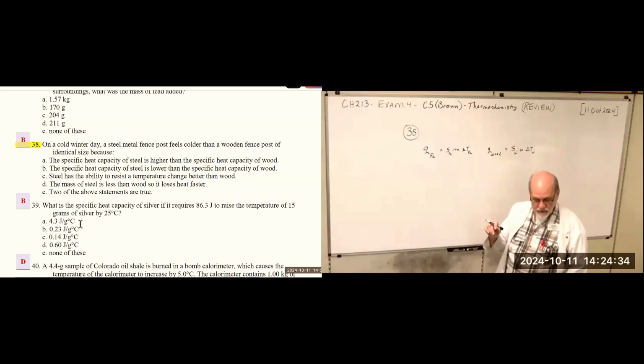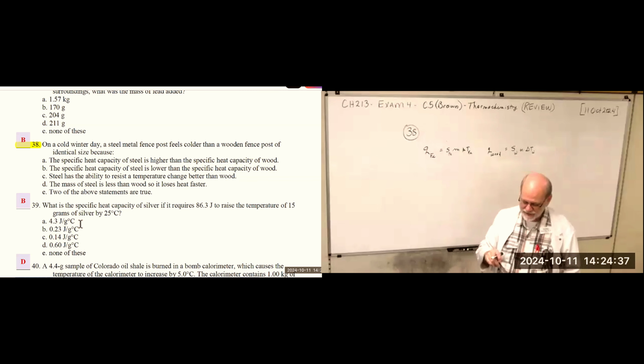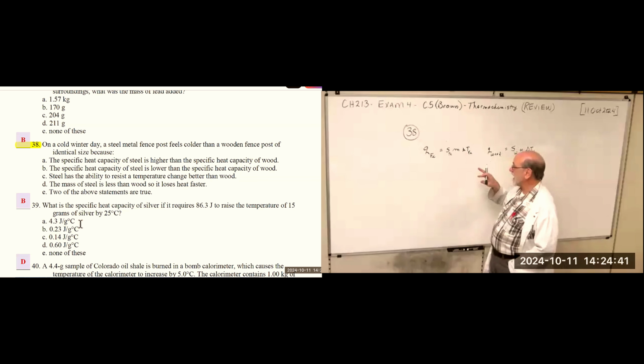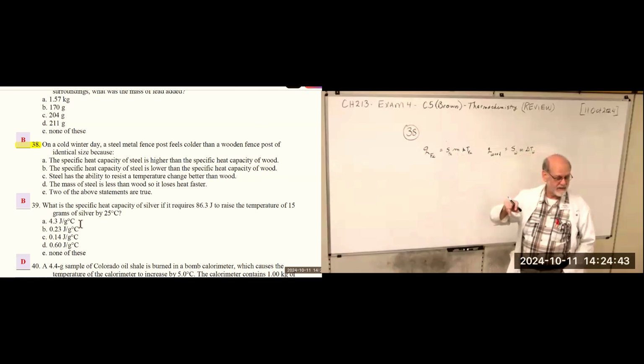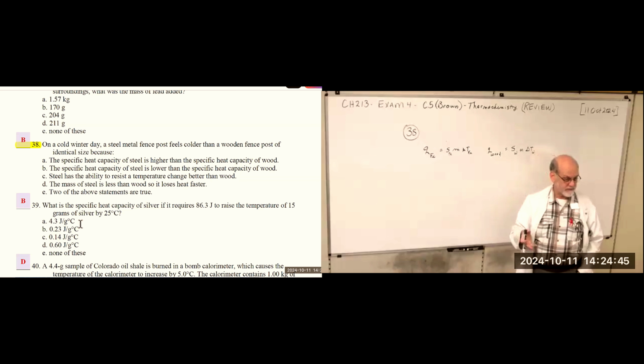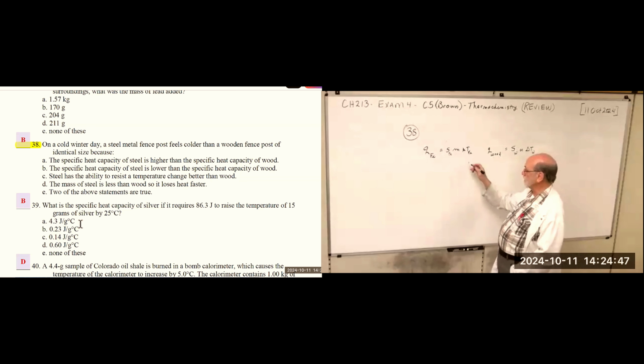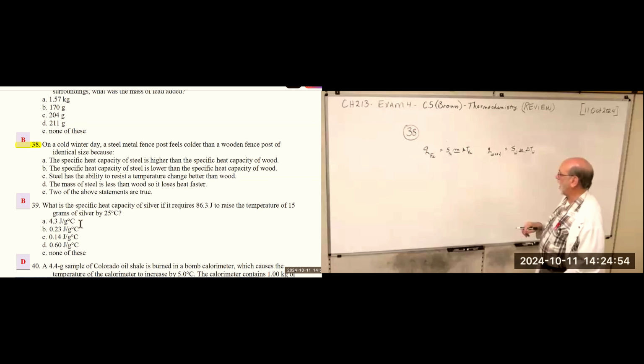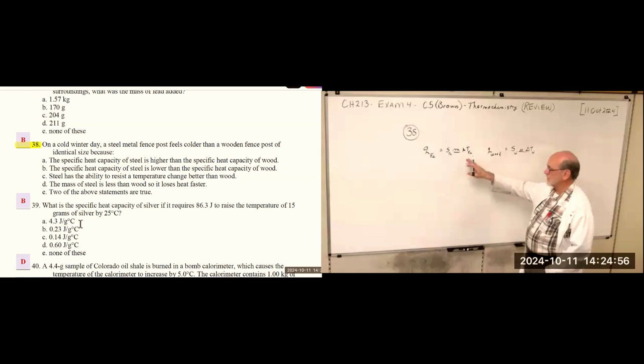It said that they're the same size. Now, I'm assuming since our value for size is mass, that the fence post would have to be the same mass as the steel post. So these would be constant between the two. And why does this one feel colder than that one?